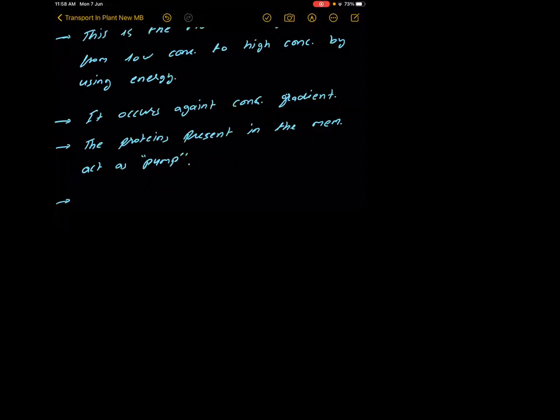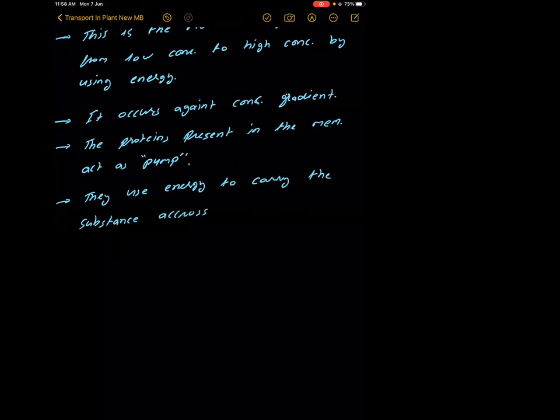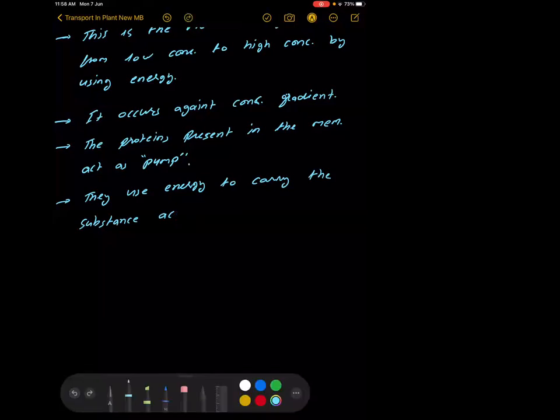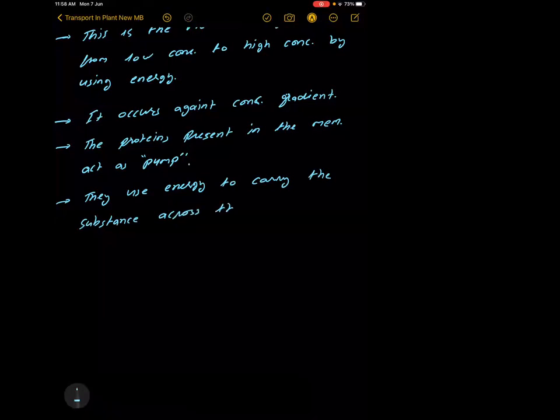They use energy to carry the substance across the cell membrane.